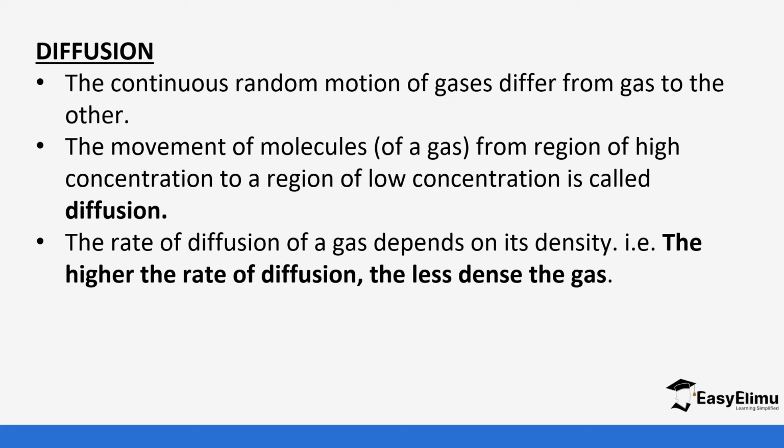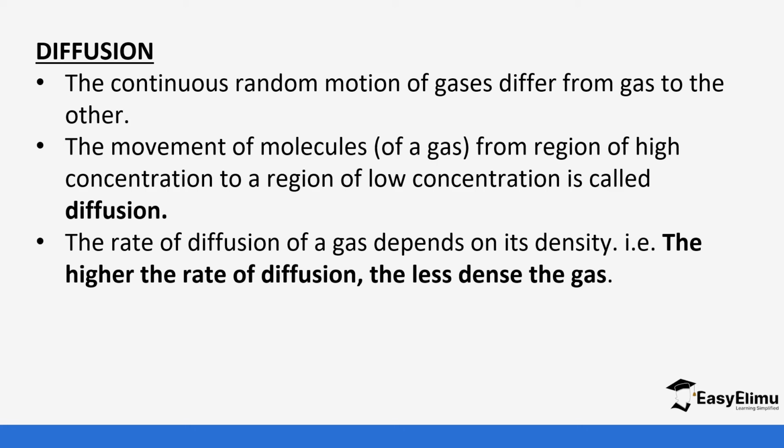Same case if you look at a gas and a liquid, the way these particles move is completely different. The gases are less dense, so they will tend to move faster. The liquids are denser in comparison to gases, so they'll move slower.